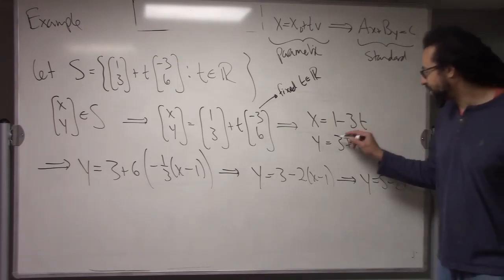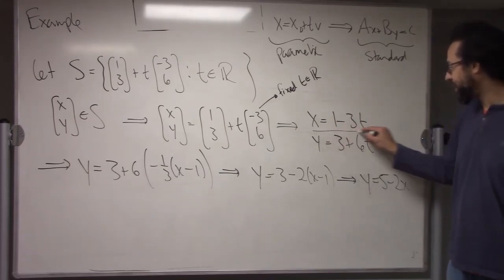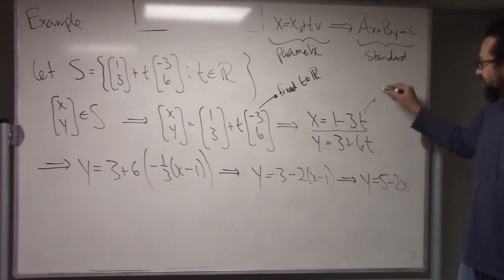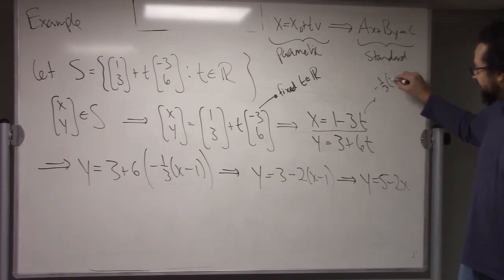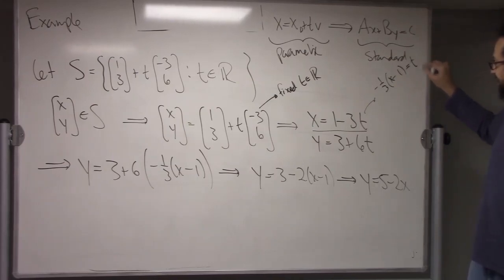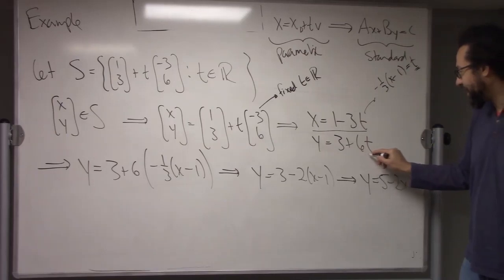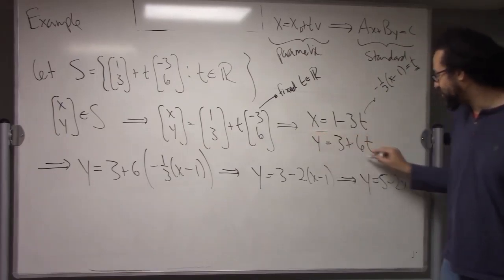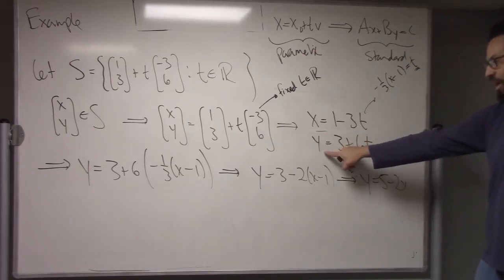And so now you can take this thing and solve for t. So -1/3 (x - 1) is equal to t. And now if you know what t is equal to, then you can substitute back in the equation with a y in it.